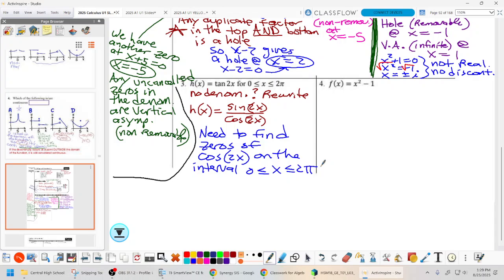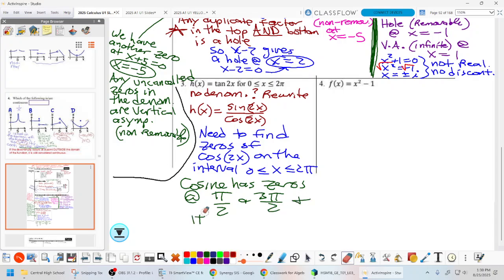Pi over 2 and 3 pi over 2. Cosine has zeros at pi over 2 and 3 pi over 2, and their multiples. If I could write it correctly, sorry about that.